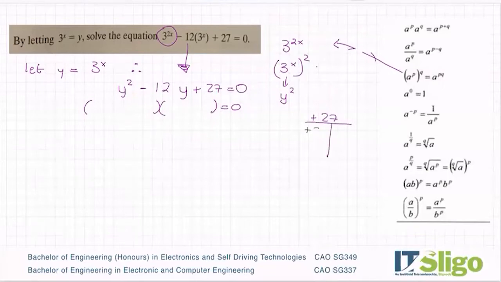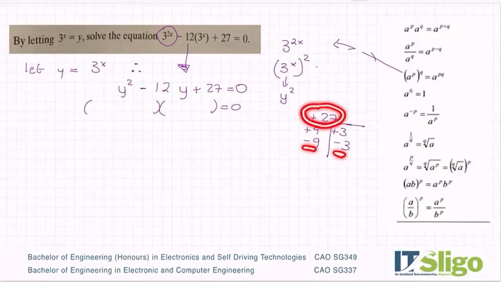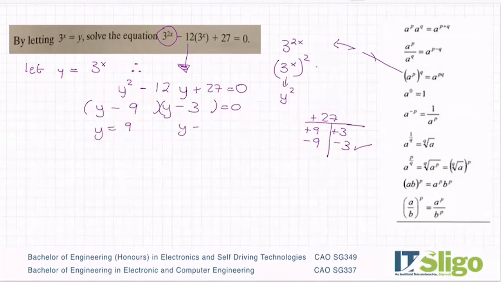The 9 and 3 will work, or minus 9 by minus 3. The factors have to multiply to give plus 27, and add together to give minus 12. So the second option, minus 9 and minus 3, will work. So split the y's into y and y, split the plus 27 into minus 9 and minus 3. So y is equal to 9, y is equal to 3.